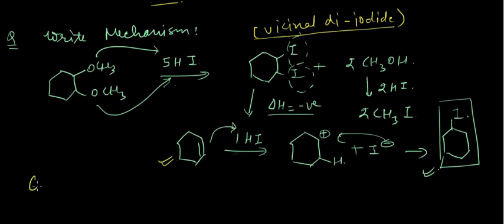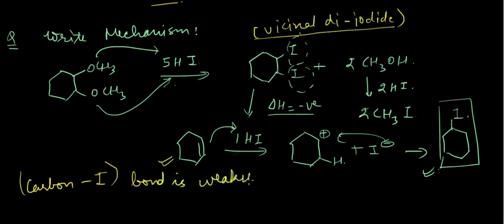The reason for this is that the carbon iodine sigma bond is weaker than the pi bond in the alkene.